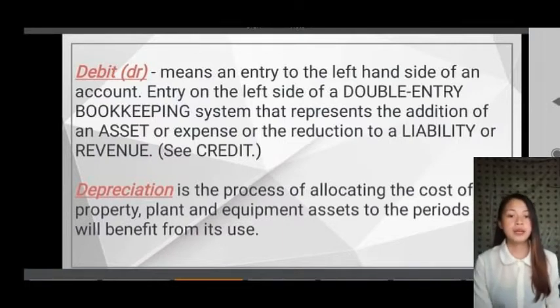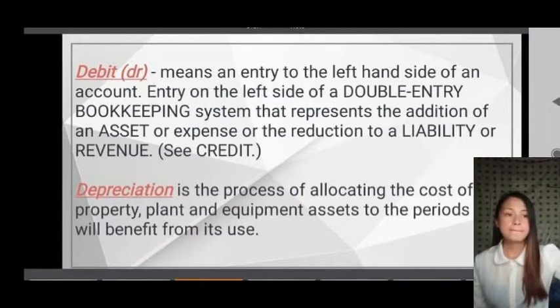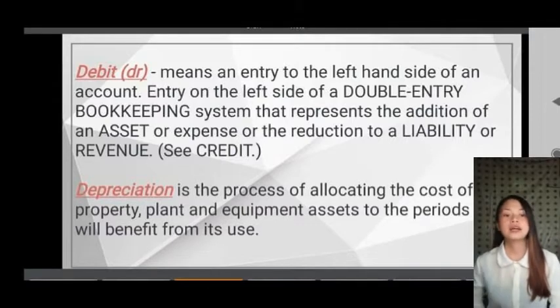So debit and credit are equal but opposite entries in your books. So if a debit increases an account, usually you will decrease the opposite accounts with a credit.